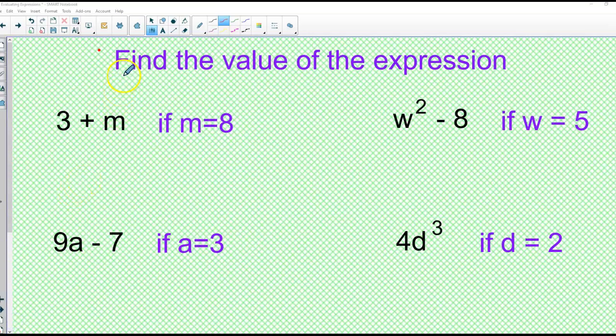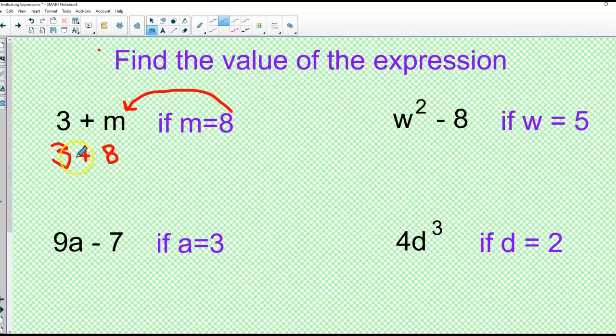Okay, so let's look at what this says. Find the value of the expression. If we look at the first one, it says 3 plus m if m was equal to 8. So in this expression, it's telling us what m is. M is 8. So it's our job to plug the 8 in for m, and then solve.